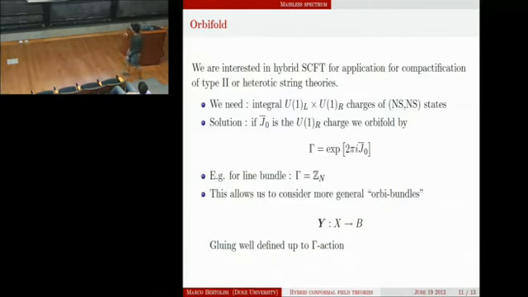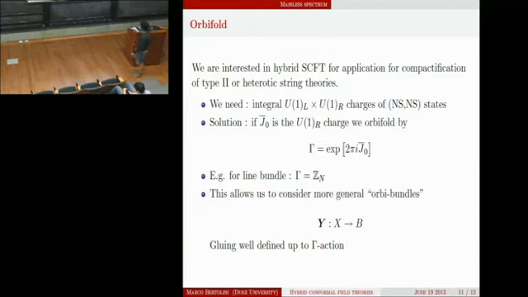So for example, I recall that Y is the total space of X over B. If X is just a sum of line bundles, then this is just a discrete group Zn for appropriate n that follows from the geometric data of the model. But this is nice because we can do more general things.